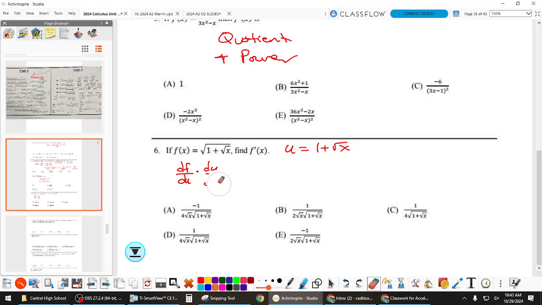Yep, so this actually should have du dv times dv dx, like that. So if we go fill this in, we're going to differentiate this first radical. Do you guys remember the derivative of that? 1 over 2.